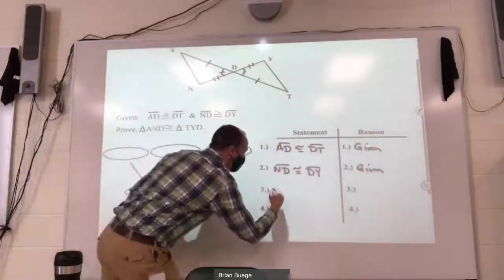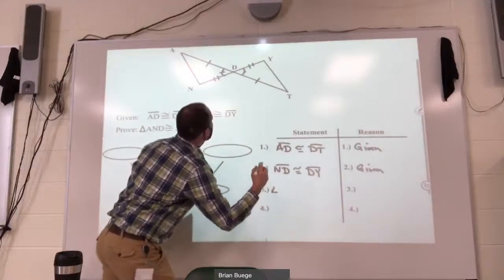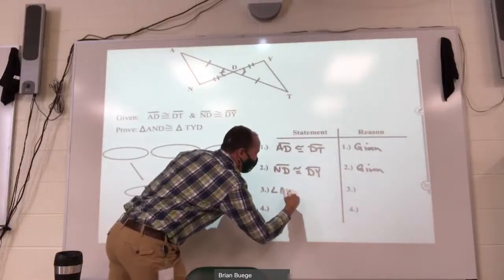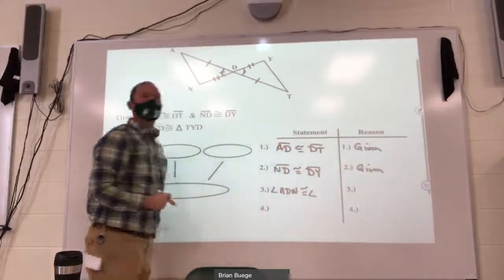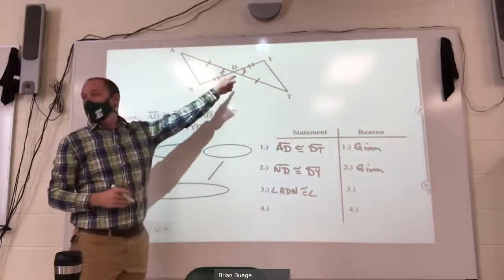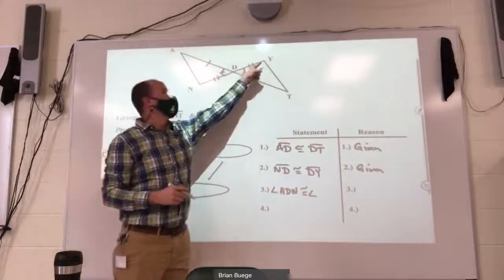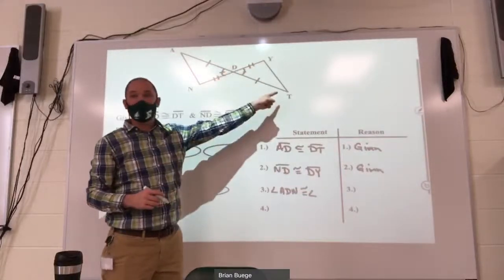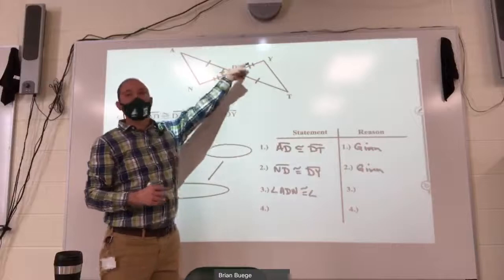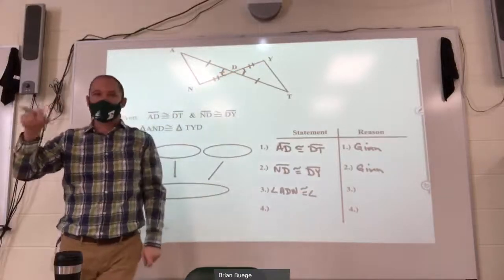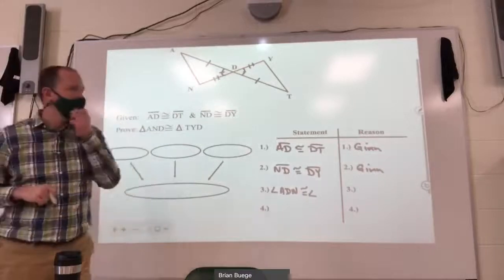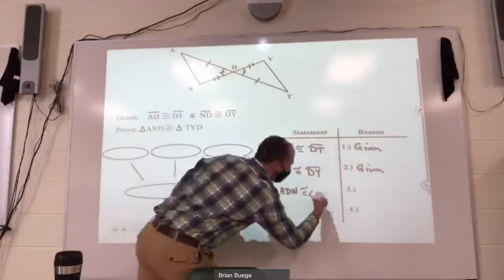So I'm going to go angle ADN is congruent to angle, same thing on the other side, either YDT or TDY. Okay? The letter D, though, has to be the vertex of the angle, has to be the middle letter. That's the one key part. I'm going to go with YDT.